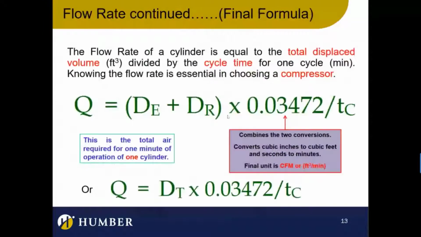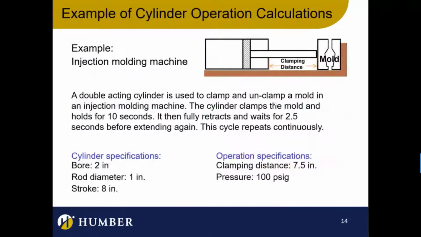That's all you need to do. I'm going to put this in cubic inches, and I'm going to put this value in here in seconds, and the answer is going to be in cubic feet per minute, because this is a conversion factor that's just in the formula. Okay, good. So there you go.